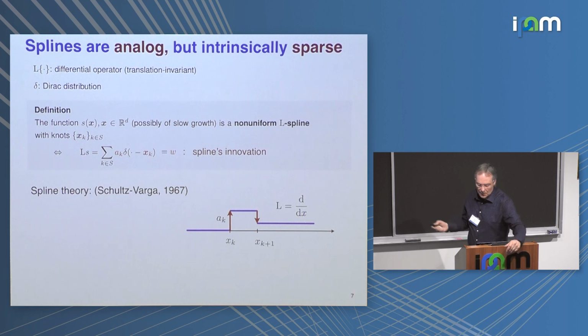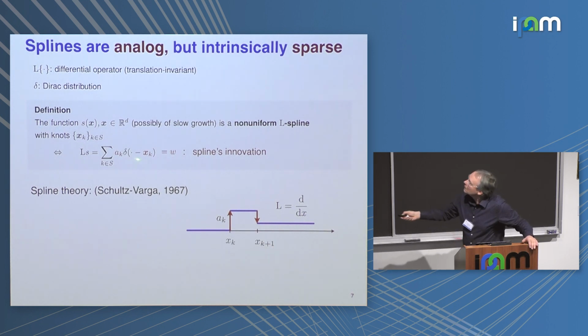And I like to see them associated with some operator. So a differential operator, and maybe to take an example, let's think of the derivative operator. And what's also important, we have the Dirac distribution. And so we'll say that the function s of x, where x goes over Rd, is a non-uniform L-spline, so remember, L is an operator, with knots x_k over some index set, if this happens.